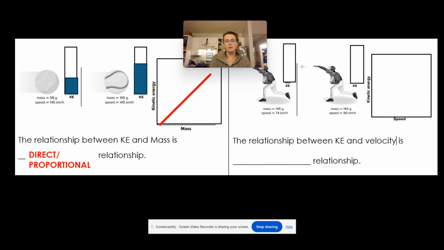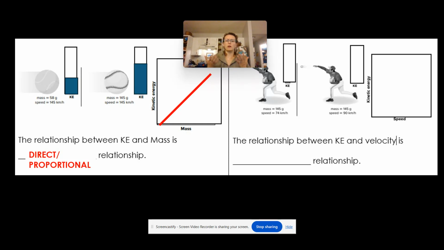But when we look at this, we know that more velocity means that we're going to have more kinetic energy. So if we have a baseball player throwing a baseball that has a mass of 140 grams, but at one point it's going 74 kilometers per hour, and the other time it's going 90, well, which one is going to have more kinetic energy?